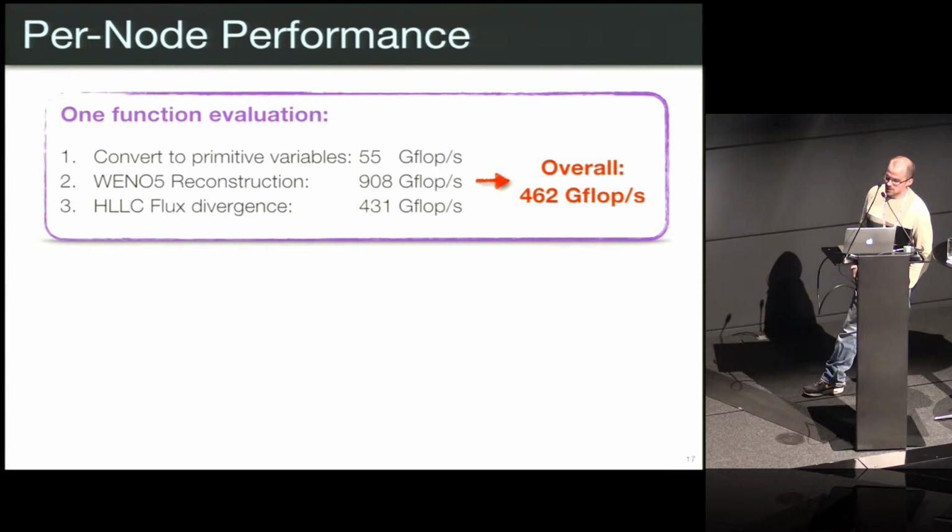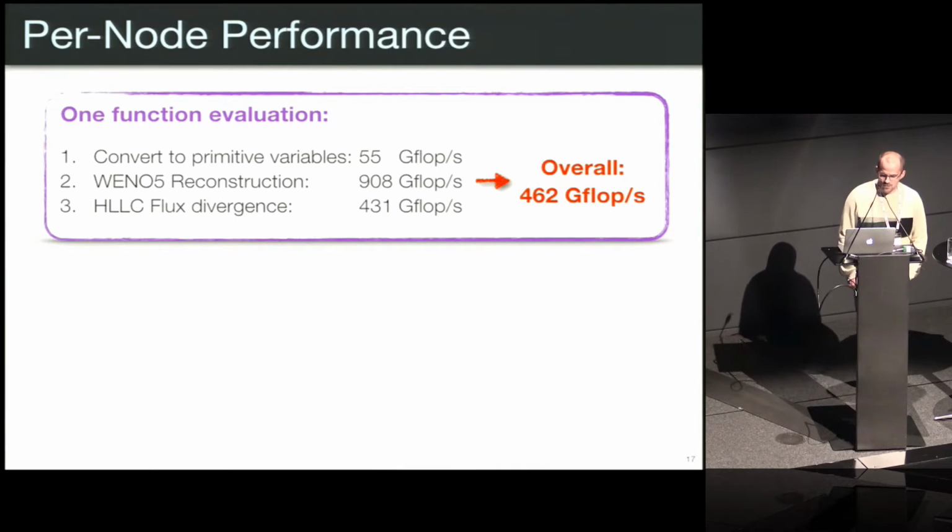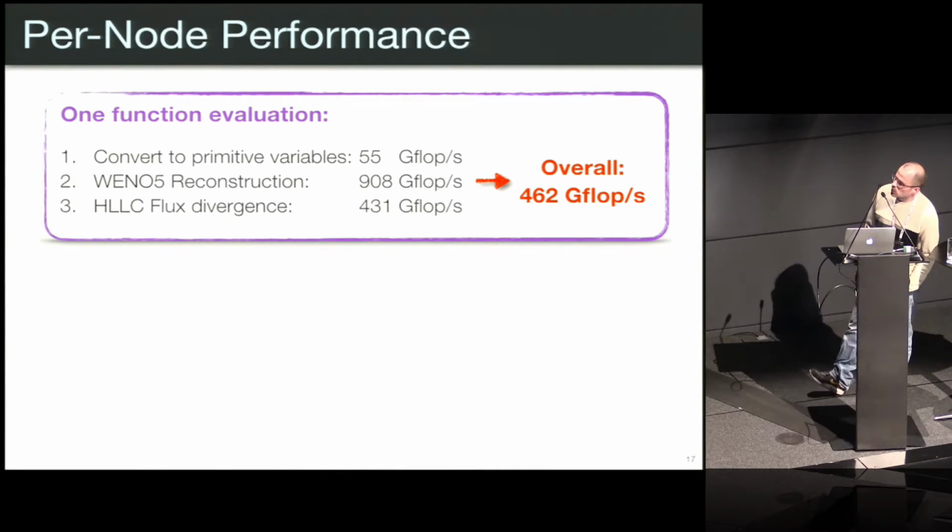So for one function evaluation of this right-hand side function, we measure a performance of 55 gigaflops per second for the conversion kernel, roughly a teraflop per second for the WENO reconstruction, and about 430 for the HLLC flux, which results in an overall performance of about 460 gigaflops per second.